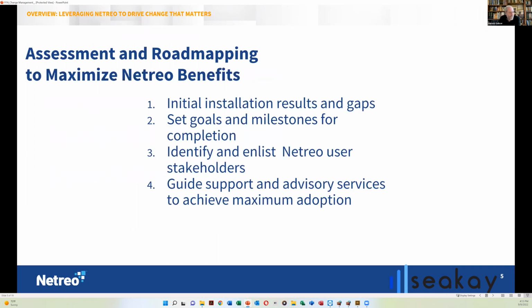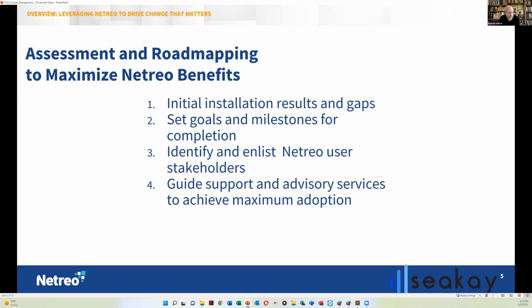We realized when we first started the Netreo implementation that a critical piece that was missing for this particular organization was doing a basic assessment and figuring out what they were trying to do and what their organizational goals were in terms of implementing Netreo, and that is to get their most benefit, the most bang for their buck, so to speak, in terms of getting everybody on board and getting the benefit out of Netreo's installation.